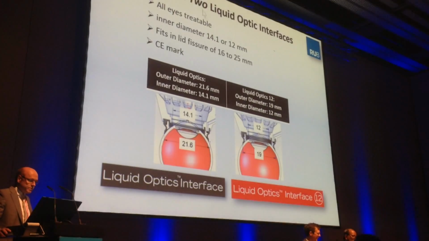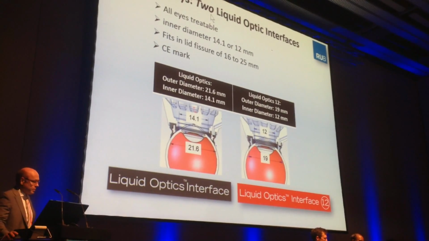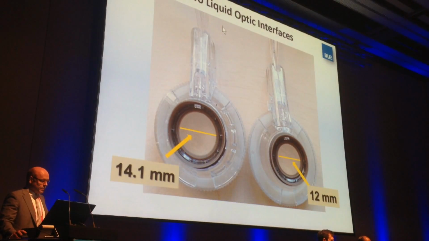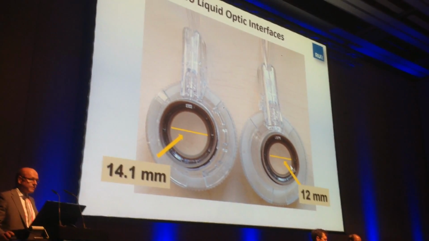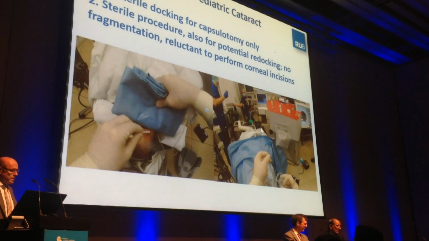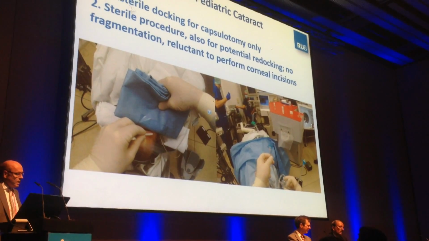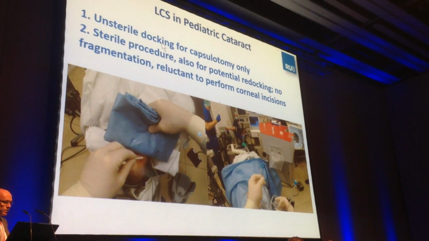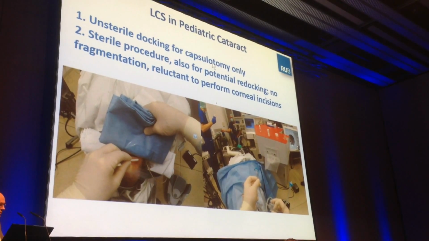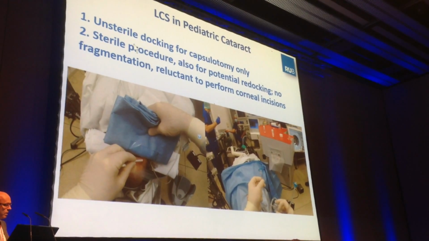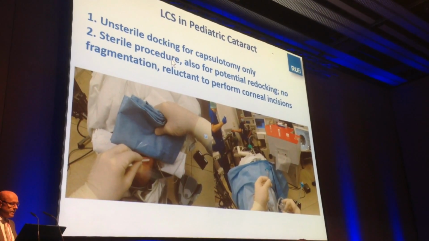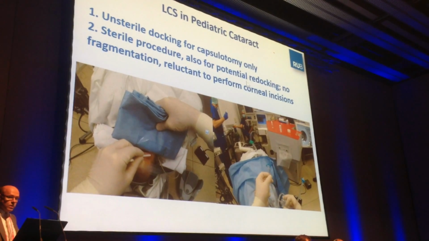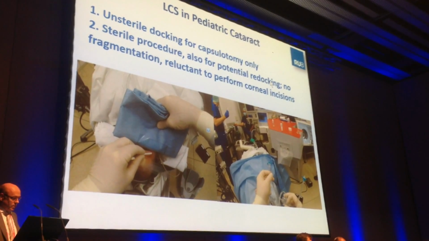So we are happy to have different patient interfaces, also one with 12 millimeter that fits into these tight lids. We have different options: you can do an unsterile docking beforehand and perform capsulotomy only, or you perform it completely sterile, also with the potential to redock.